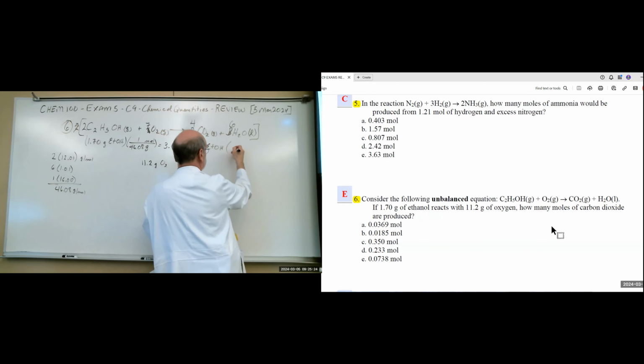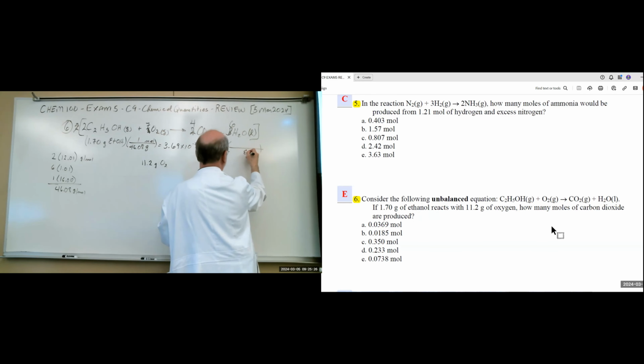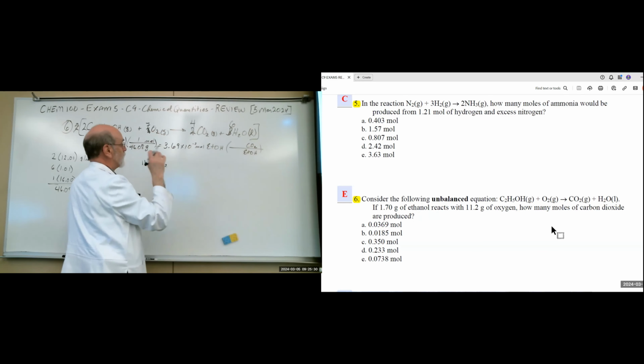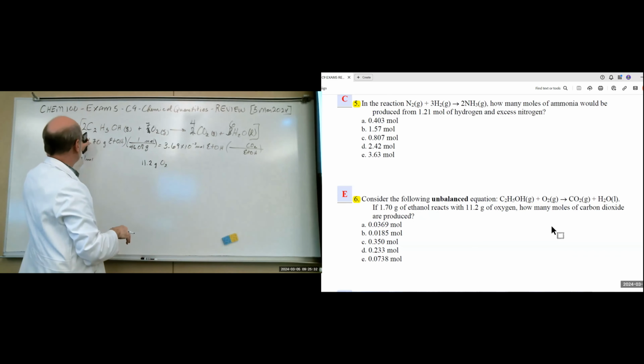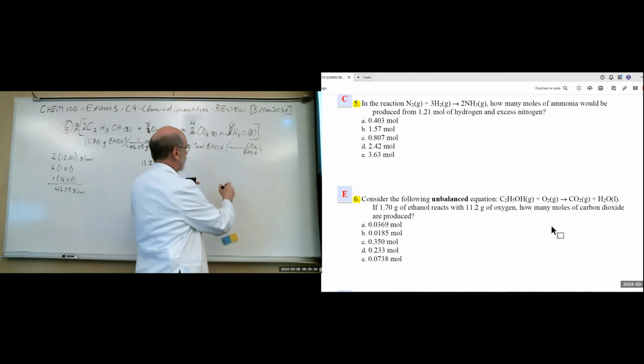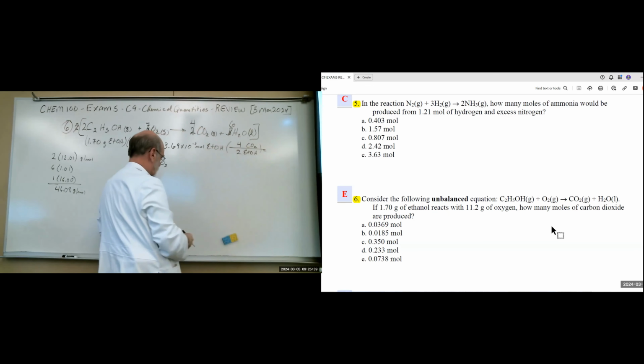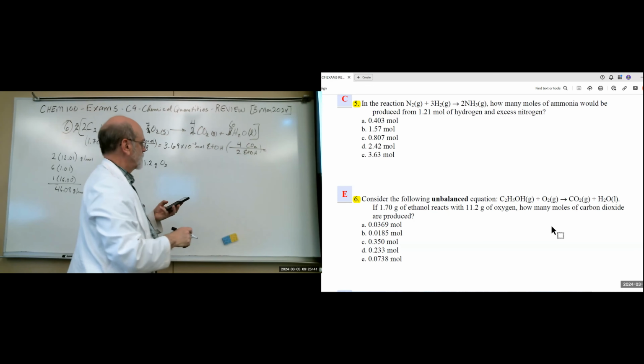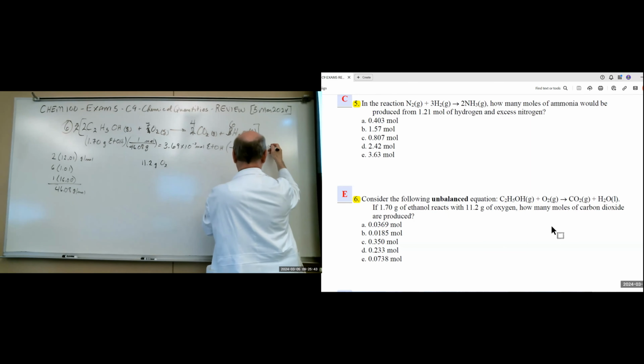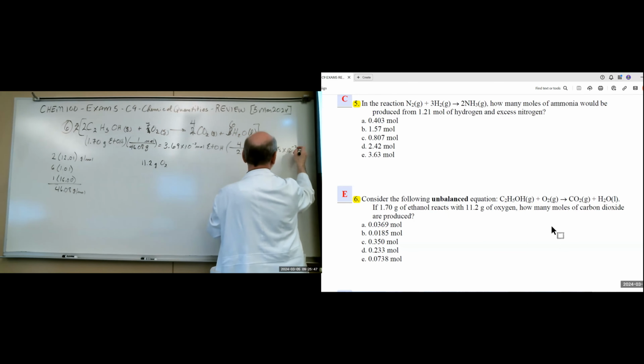And I'm going to go ahead and convert it to carbon dioxide. So the molar ratio is 2 here, 4 there. 4 and 2. That means 2 times that value will give us 7.38 times 10 to the minus 2 moles of CO2.